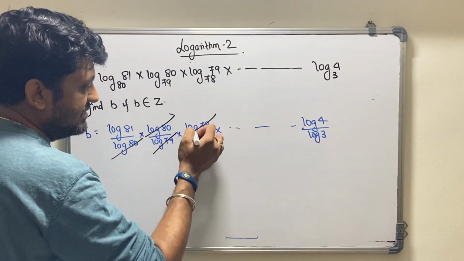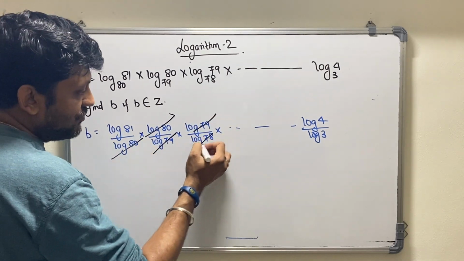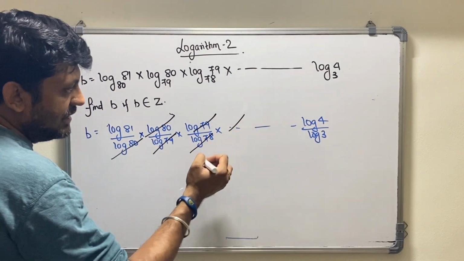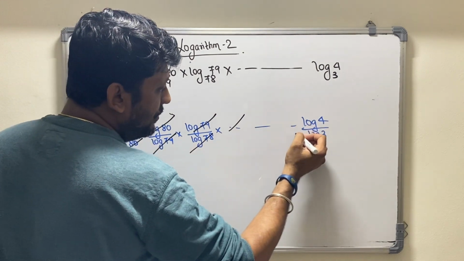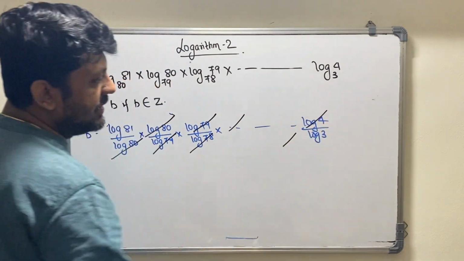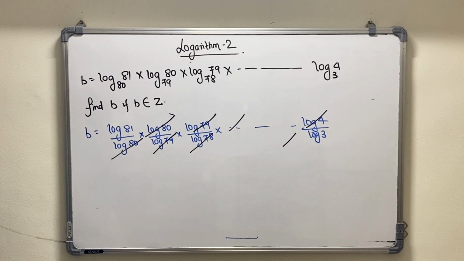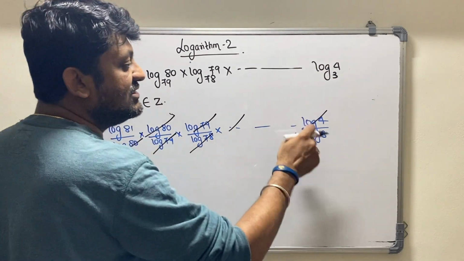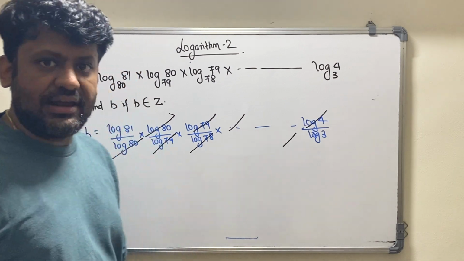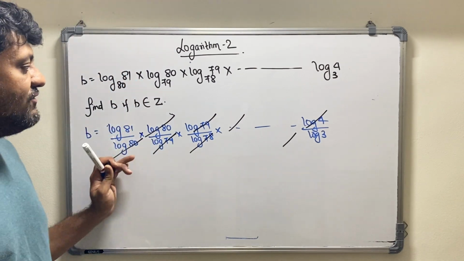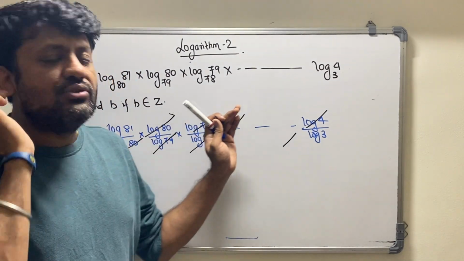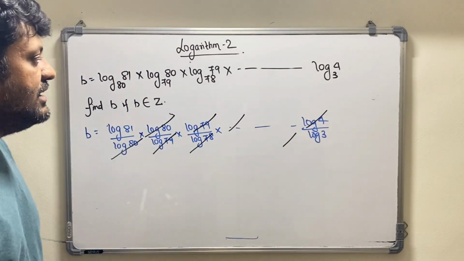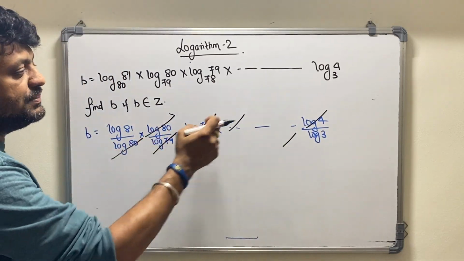This will be eliminated by this part, and as you go on, this part will be eliminated by this part. Which means what will be left? The first term numerator and the last term denominator will be left. In the exam, all the values are not written, so you have to catch the pattern of how it is being eliminated.